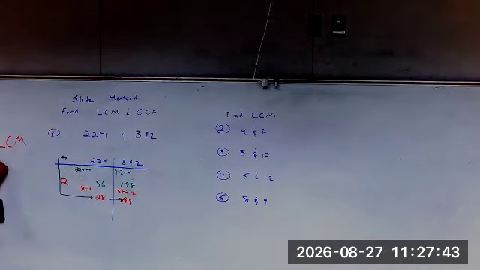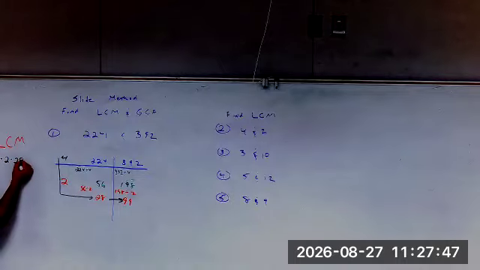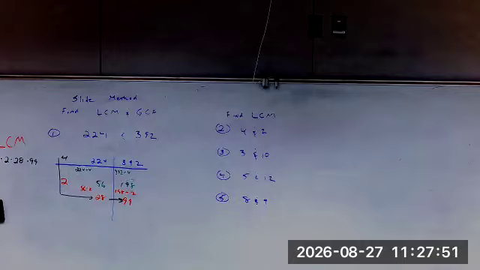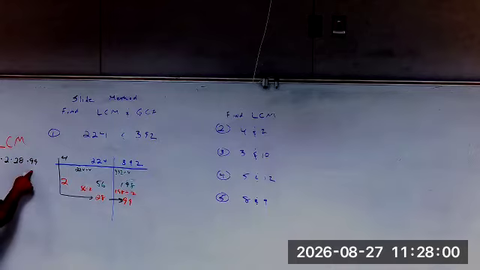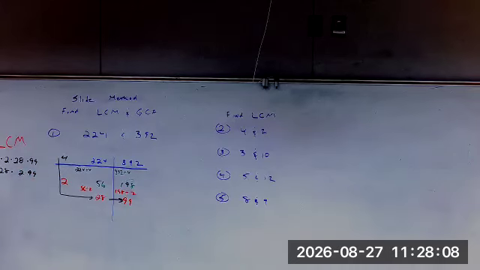The least common multiple is a 4 times a 2 times a 28 times a 99. Everything along that L path. So I'm going to do 4 times 28, and then times 2 times 99.